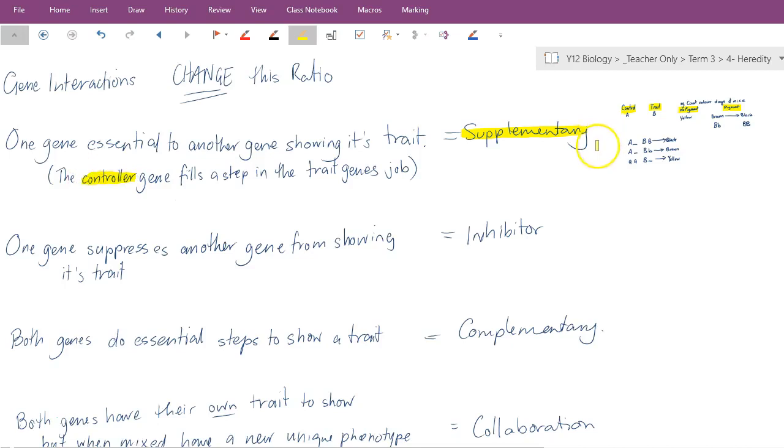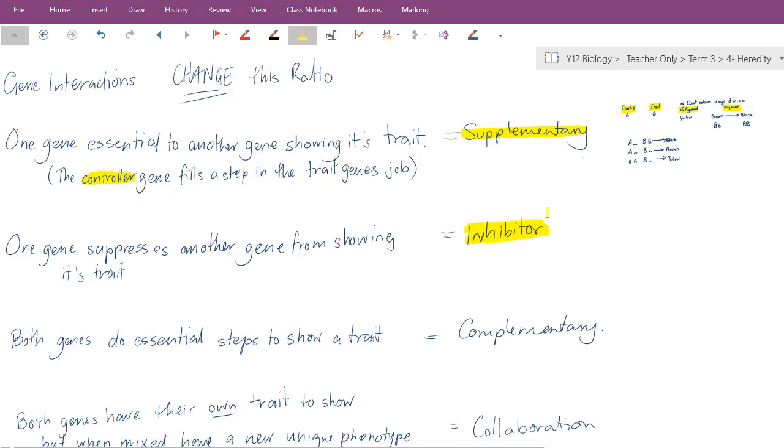That's called supplementary. Then you have a relationship where the gene actually specifically inhibits another gene from actually showing itself. Okay, now this is called an inhibitor. So its job is to actually stop another gene from making a protein.